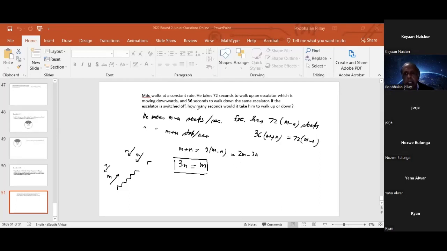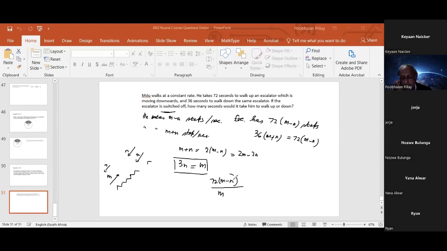Right. So the question is now, how many seconds would it take him to walk up or down if the escalator is switched off? So now he's not fighting the escalator, right? So it covers m steps per second. And we know that the total number of steps that the escalator has got is 72 into m minus n.